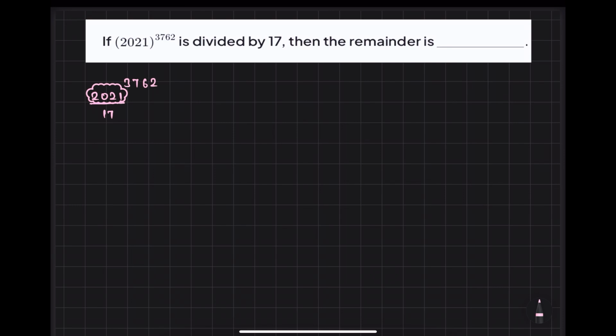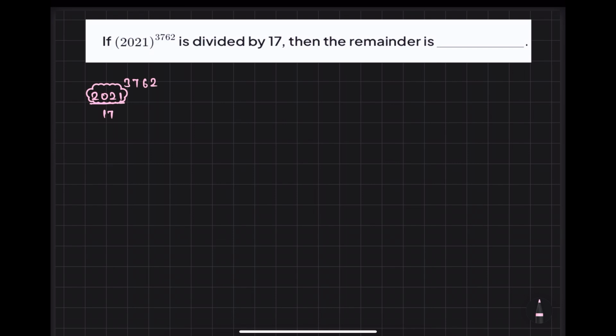You have to write 2021 as a multiple of 17. Means you have to start the table of 17 and try to get closer to 2021.